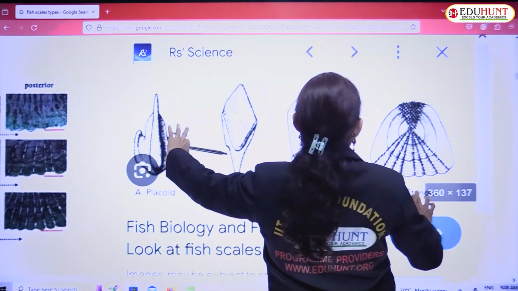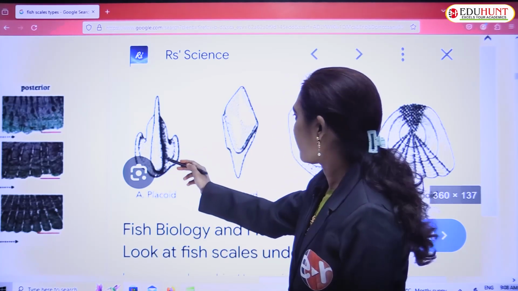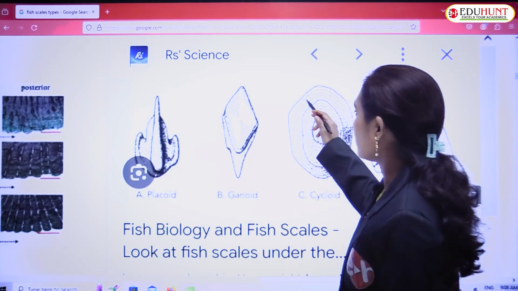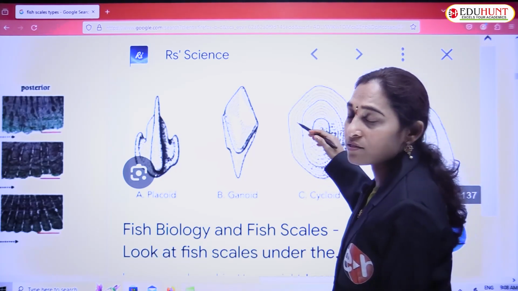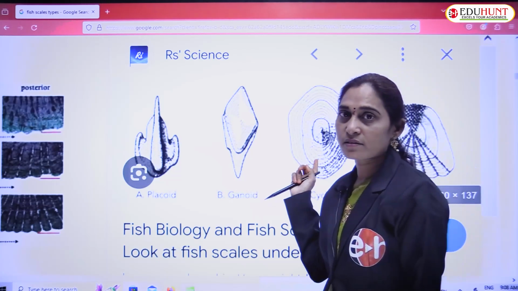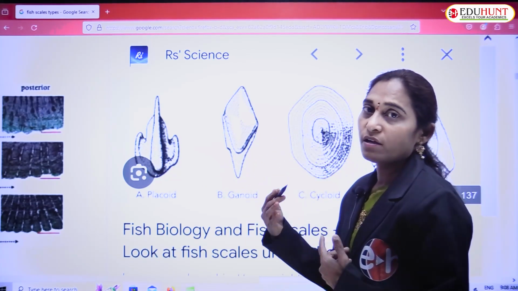Yes, if you see this, these are the placoid scales, which are flat in nature. These are ganoid scales, cycloid scales, where you can see a number of concentric rings. Ctenoid scales are like this. So these are the different types of scales present in various fish.